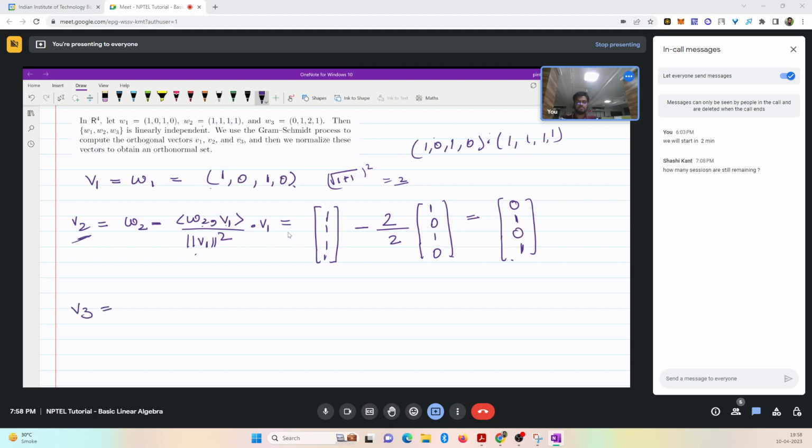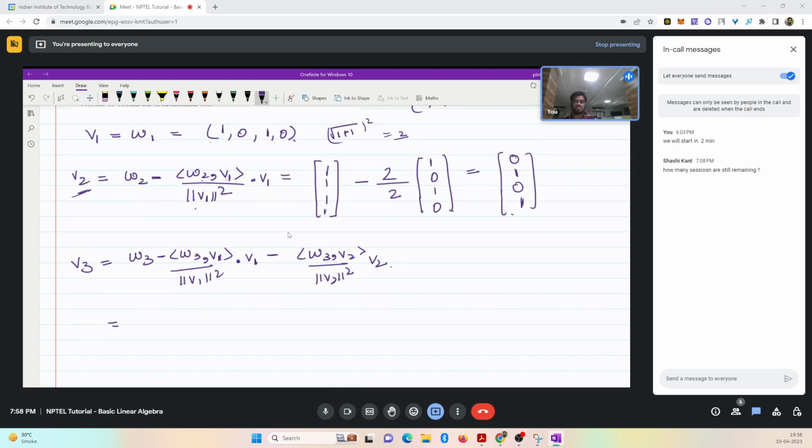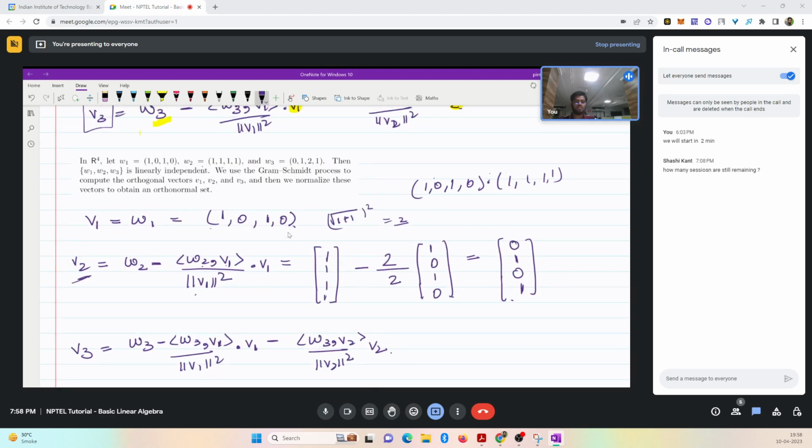What is V3? It is W3 minus W3 comma V1 by V1 square into V1, minus W3 comma V2 by V2 square into V2, right? Now W3 is 0 1 2 1.